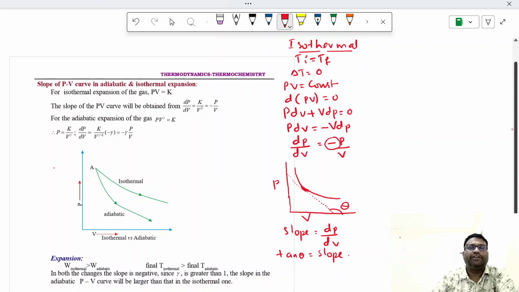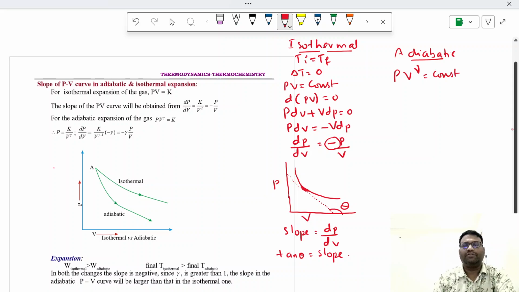When you come to the adiabatic process, PV gamma is equal to constant. We will derive it now in this session. If PV gamma is equal to constant, change in PV gamma will be equal to 0.